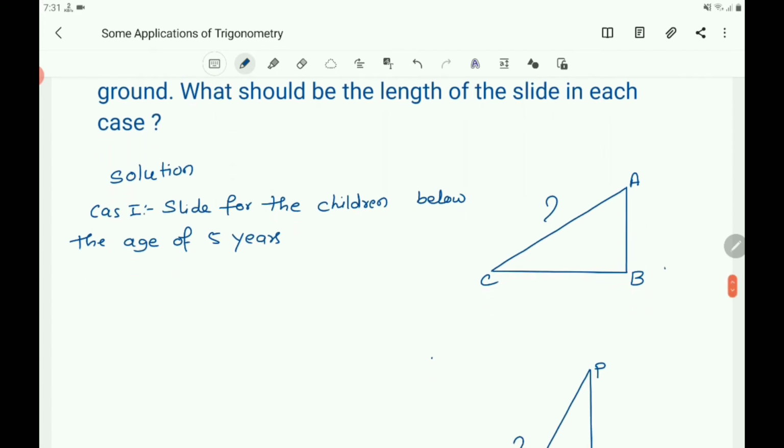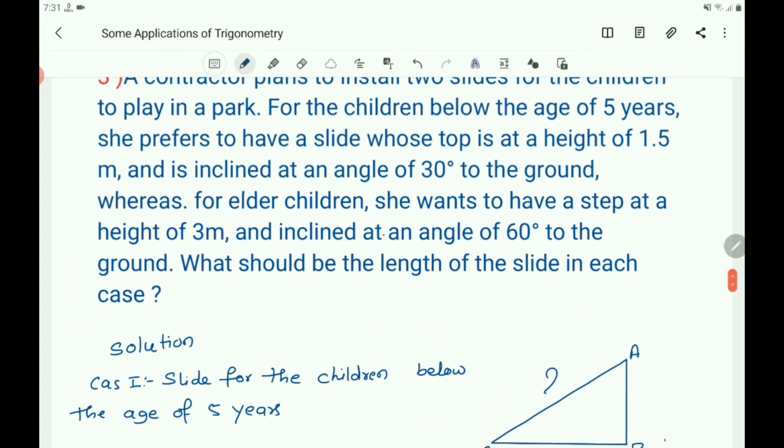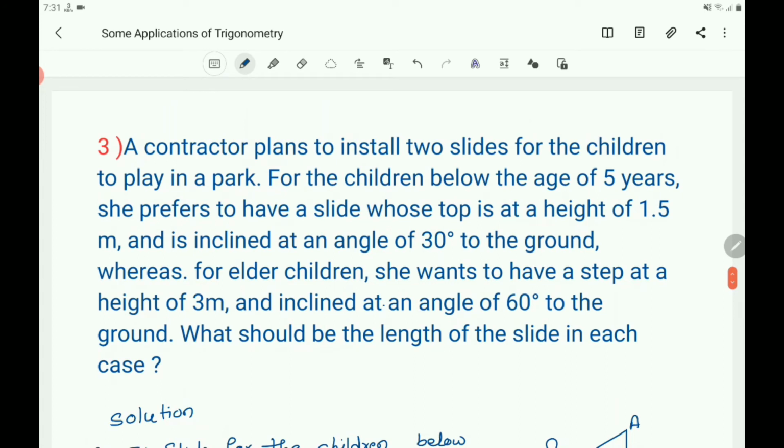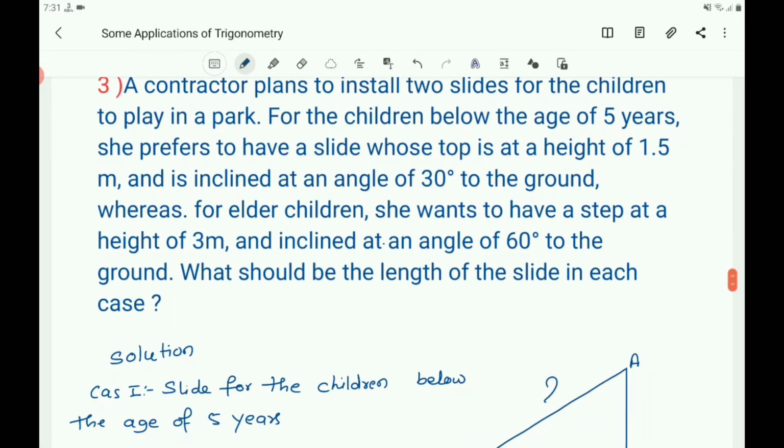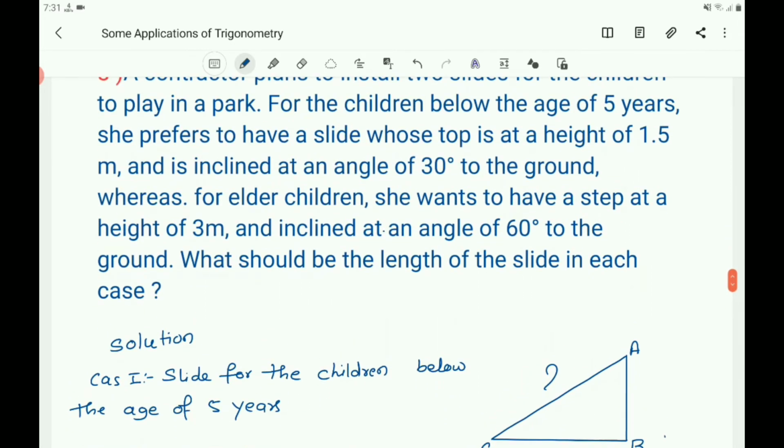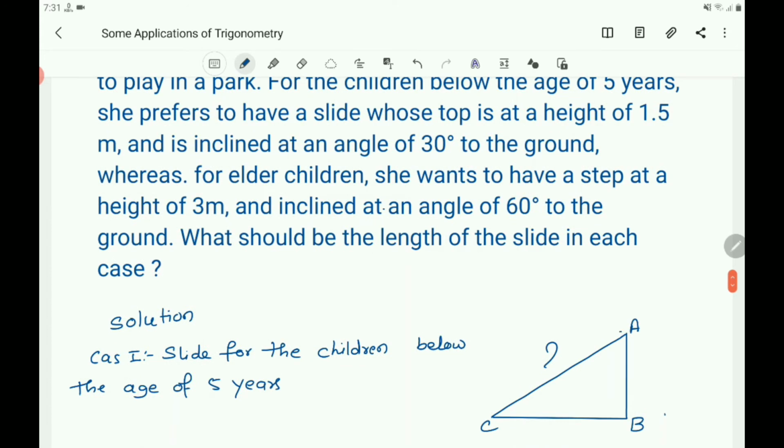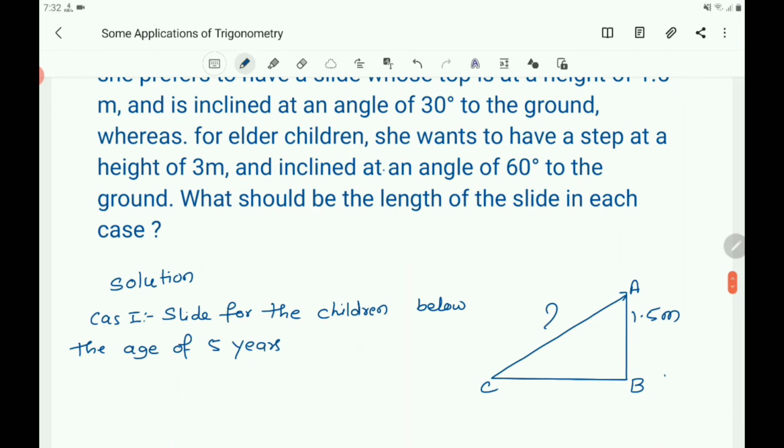Here in triangle ABC, AB is the height of the slide. The top of the slide touches at a height of 1.5 m, means AB is 1.5 m, and the slide is inclined to the ground at an angle of 30 degree.